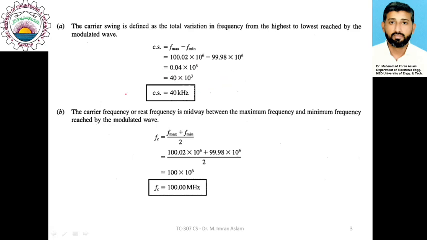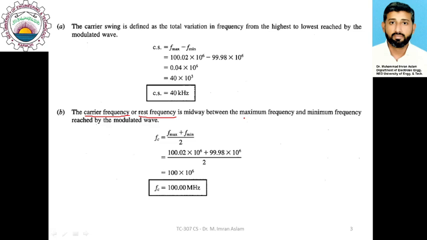The second thing required in this problem is the carrier frequency. What is the carrier frequency, which is also named the resting frequency? From the beginning we are assuming a symmetrical deviation on the higher and lower side of the carrier frequency.